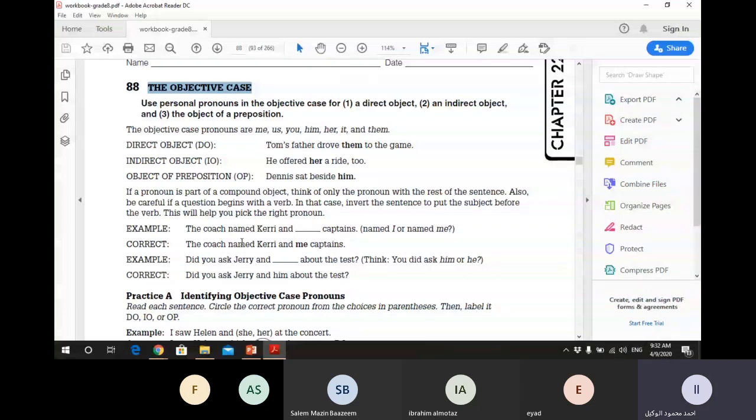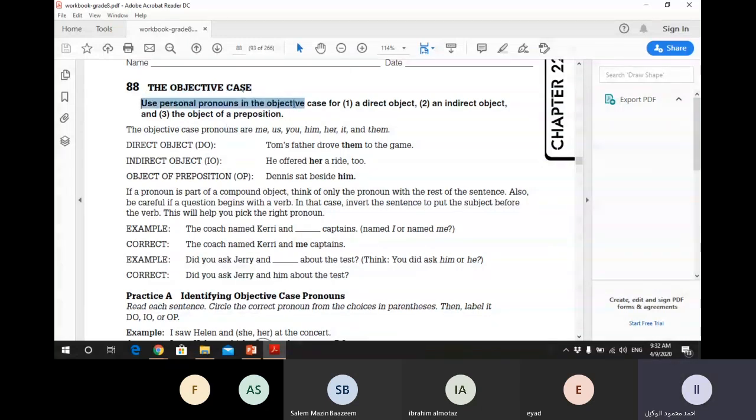Like when I say, I went to the mall with Salim, I would remove Salim and say I went to the mall with him, because here Salim was an object, so I would replace the object with an objective pronoun. When I replace it with the objective pronoun, we call it the objective case.